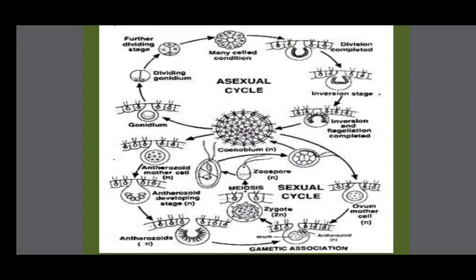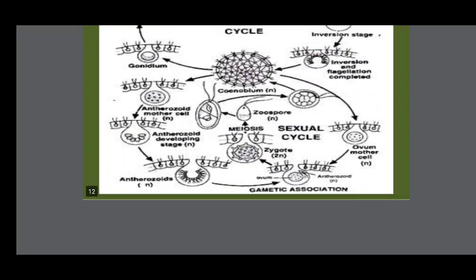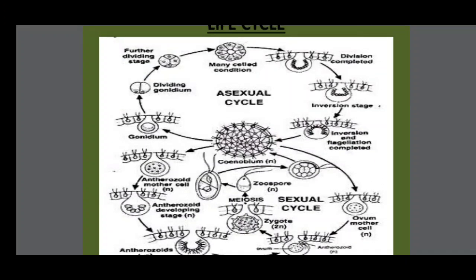At the same time, the antheridium is haploid, the egg cell is haploid, the male gamete is haploid, the spore is haploid. Only the zygote is in the diploid state. So that's why the Volvox life cycle is a haplontic life cycle. So this is the Volvox life cycle; its history, vegetative structure and reproduction we have discussed.